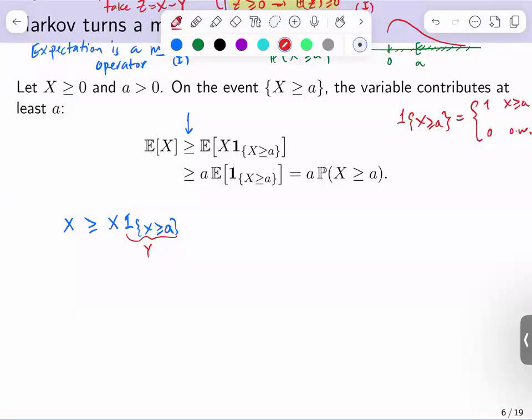If you remember, we talked about indicators of sets. Those sets were subsets of the sample space.